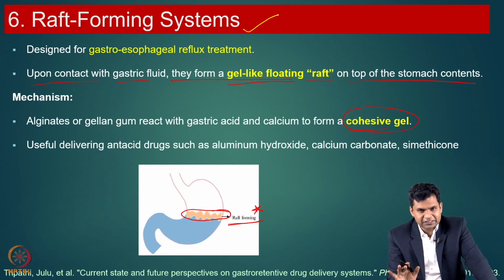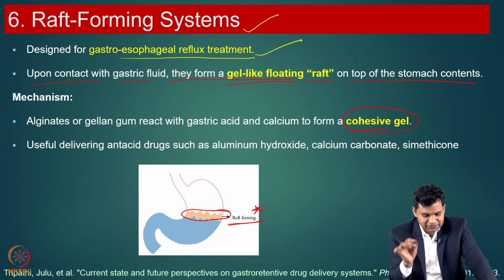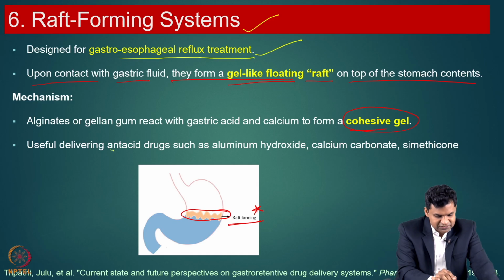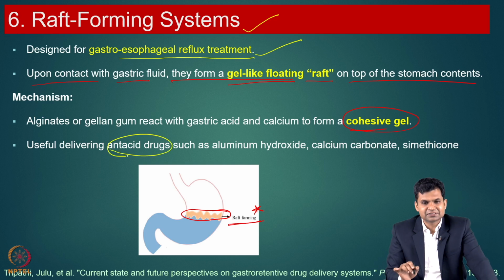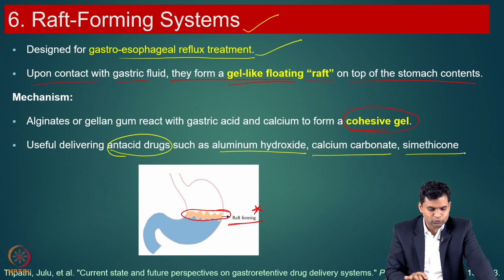This is especially prepared for the treatment of gastroesophageal reflux. Here we can use various types of antacid drugs, such as aluminum hydroxide, calcium carbonate and simethicone. With this we can expect to increase the gastroretentive time.